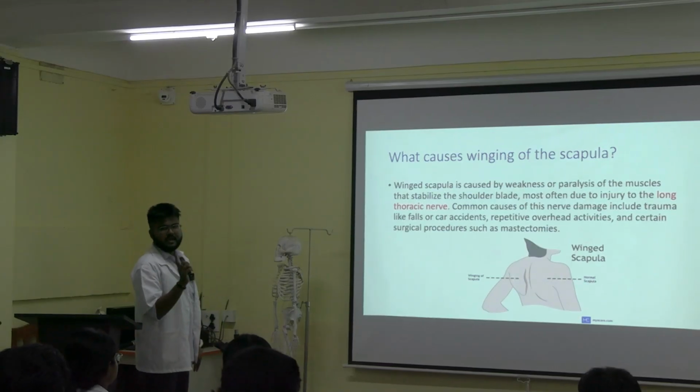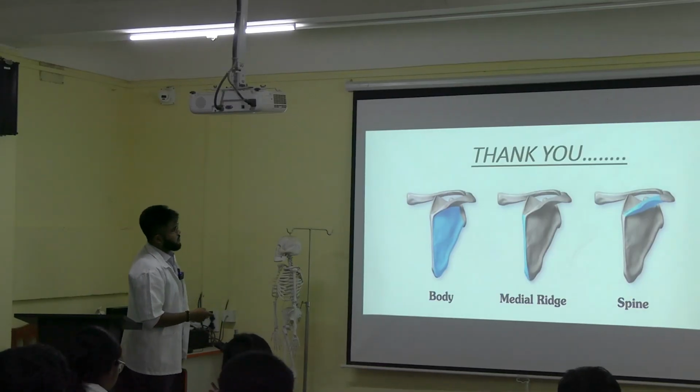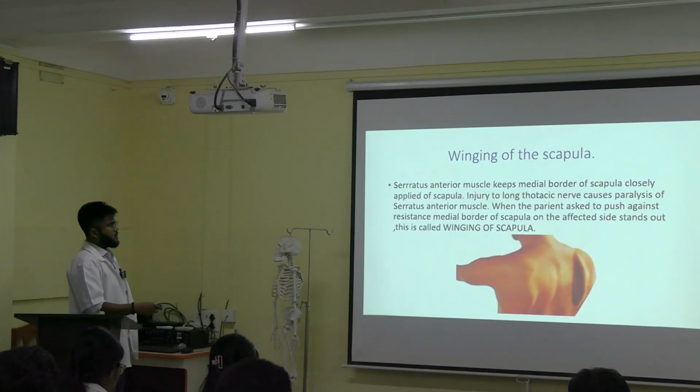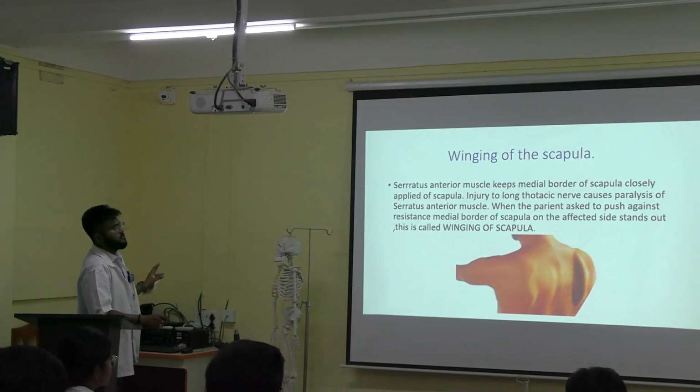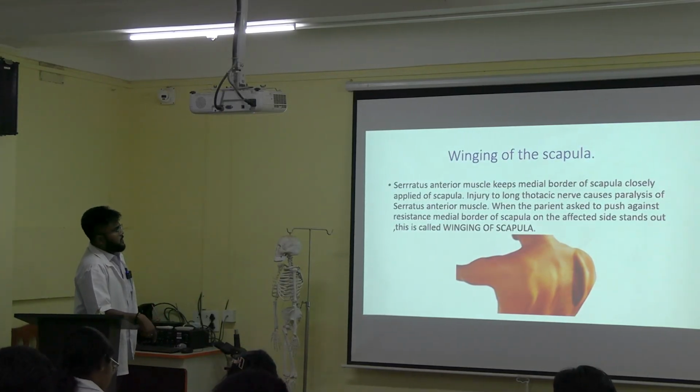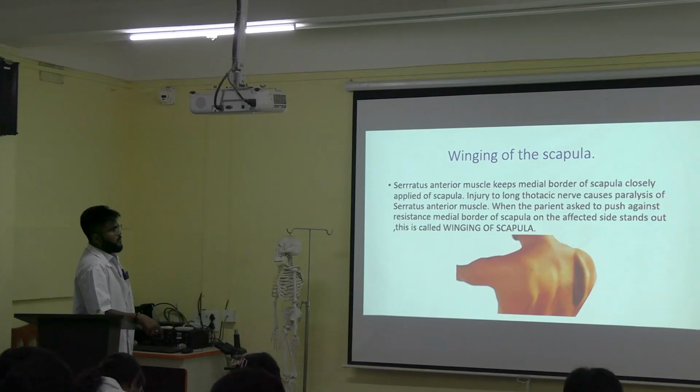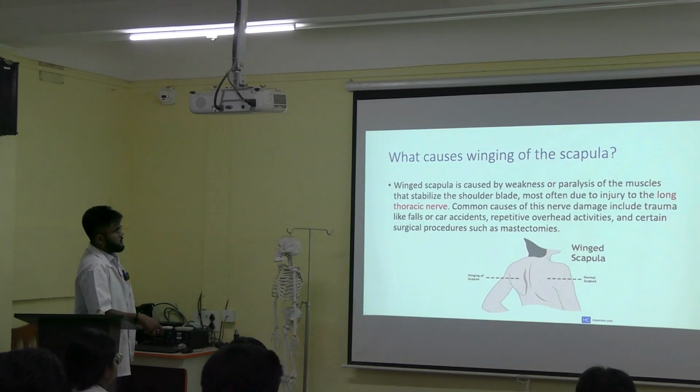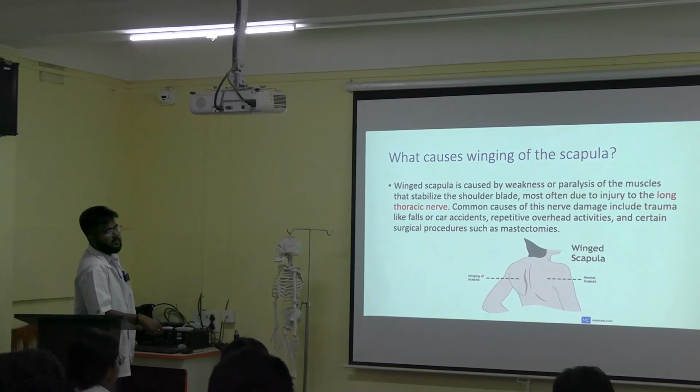So winging of the scapula comes as a short note. First write what winging of scapula is, and then if you want, you can draw one diagram. Then the main causes.